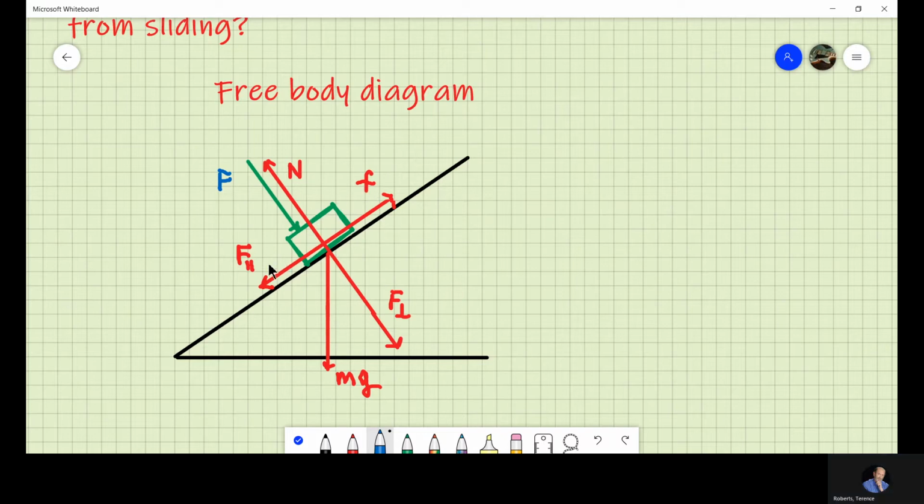Now, with the other forces, the normal force and the perpendicular force are going to cancel each other out, with friction or without friction, it doesn't matter. Our frictional vector is going to be in the opposite direction than the parallel force, which is going to be in the downward direction.